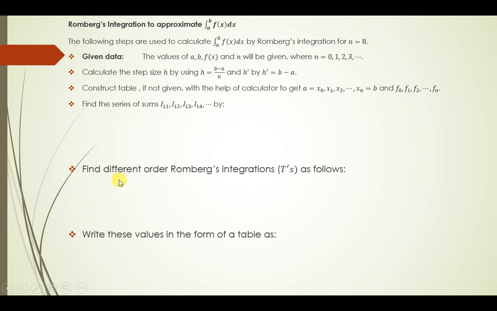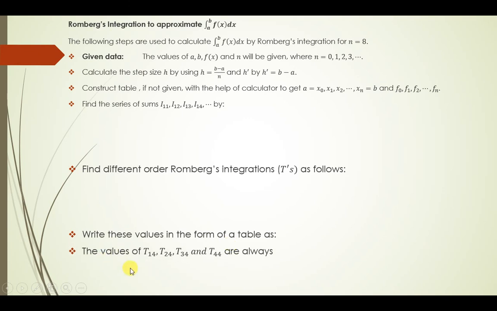These will be obtained by some specific formulas. How could we find these Romberg's integrations? That will be given here in the form of a table. The other step is to write these values, the values of these T's, the values of Romberg's integration, in the form of a table.